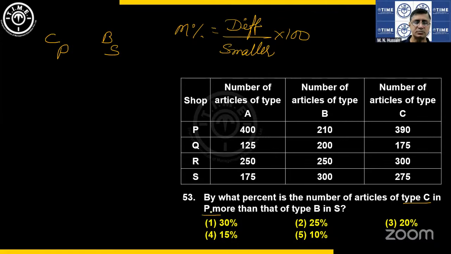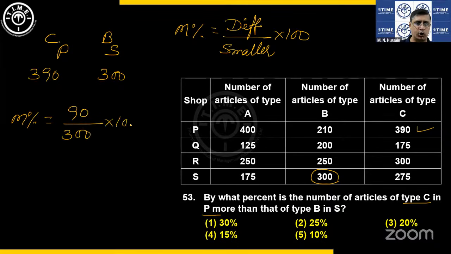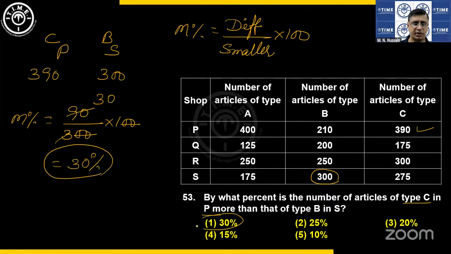Now C in shop P, that is 390, and B in shop S, 300. Percentage more: difference, that is 90, by smaller value, that is 300, into 100. Zeros we can cancel. 3 in 90 goes exactly 30 times. What is the percentage? 30%. Answer choice 1. First option is the right option.